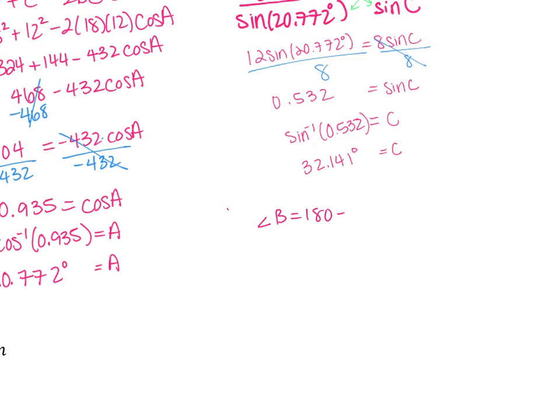So if I want to find angle B, I would just take my 2 angles that I found, 20.772 and then 32.141. If I subtract all of this, I get 127.087 degrees. And that is my angle for B. And it is the largest angle.